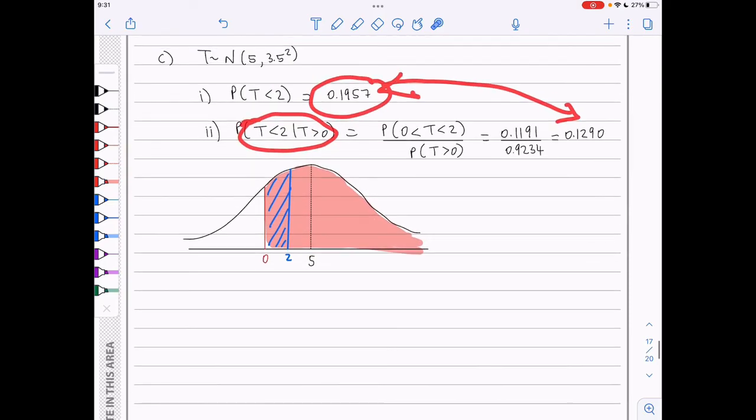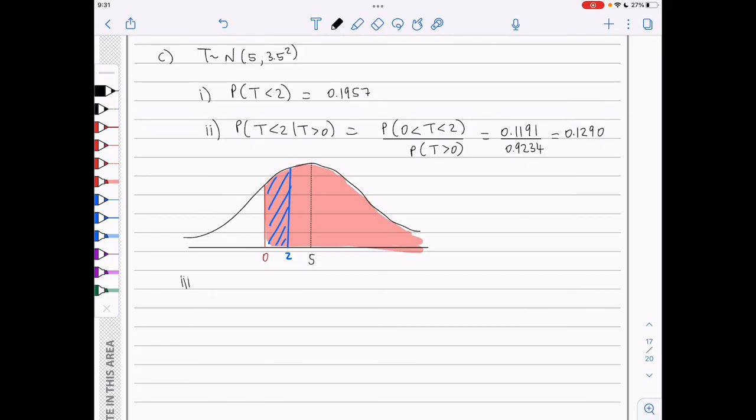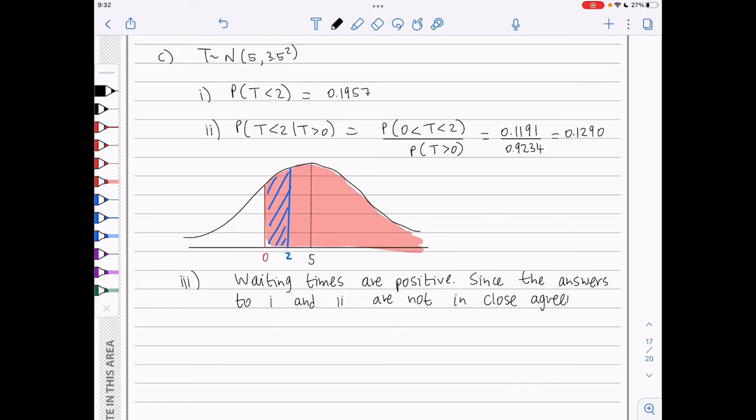Now, we certainly know that waiting times are positive. So I'm just going to state that waiting times are positive since the answers to I and II are not in close agreement. This normal distribution is not a good model.